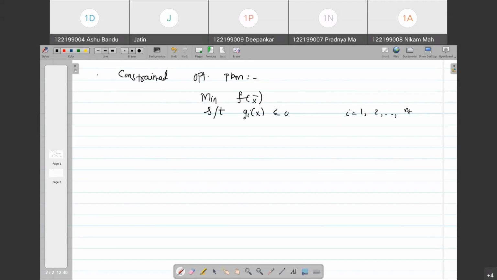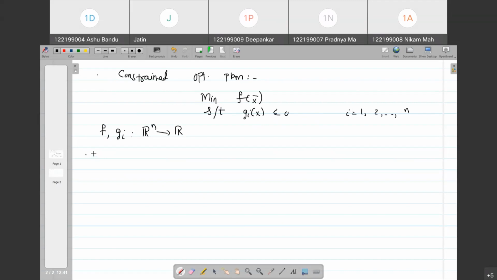So you have some n constraints and you have to minimize the function. What are your f and gi's? They are functions from Rn to R. Your f is the objective function and your gi's are the constraint functions. So this is how in general an optimization problem looks like.